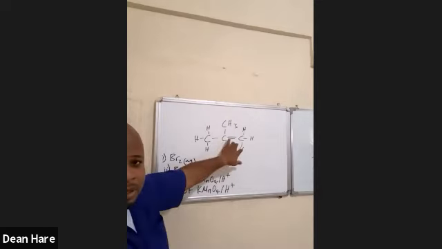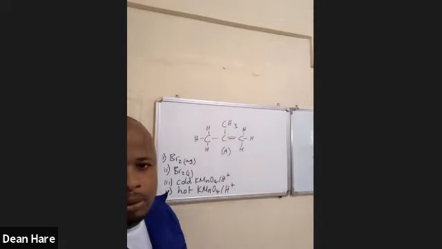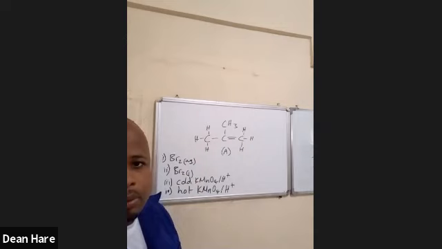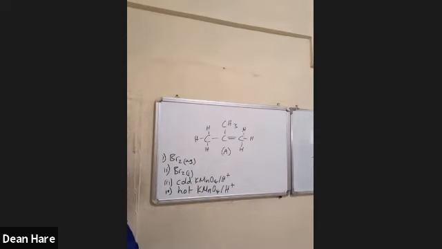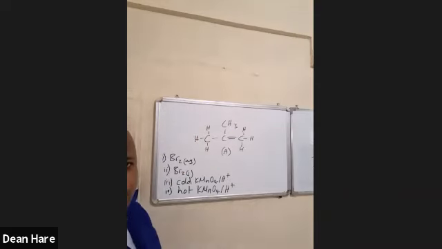So anybody have the answer? Br2 aqueous, how would it look? How would this structure change when you add aqueous bromine? Anybody? If you add Br2 to this structure, where would we put it?